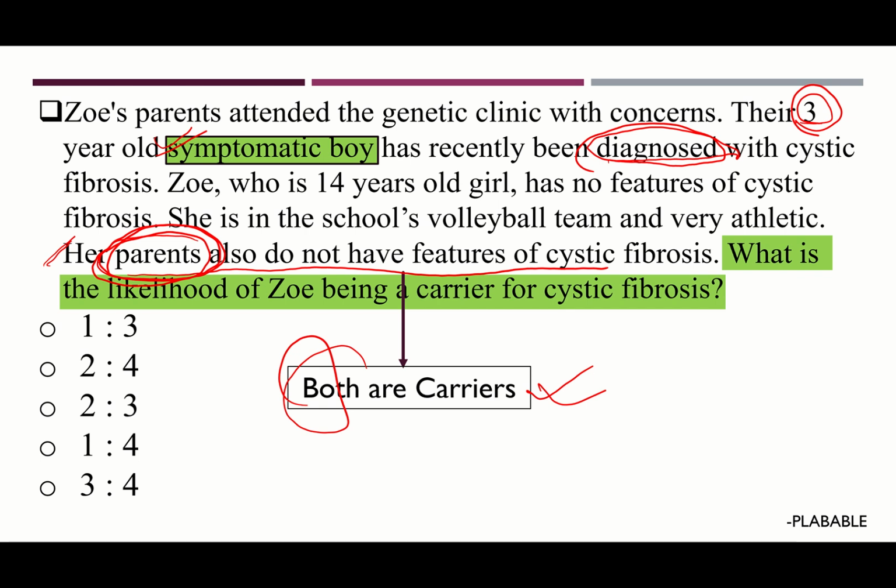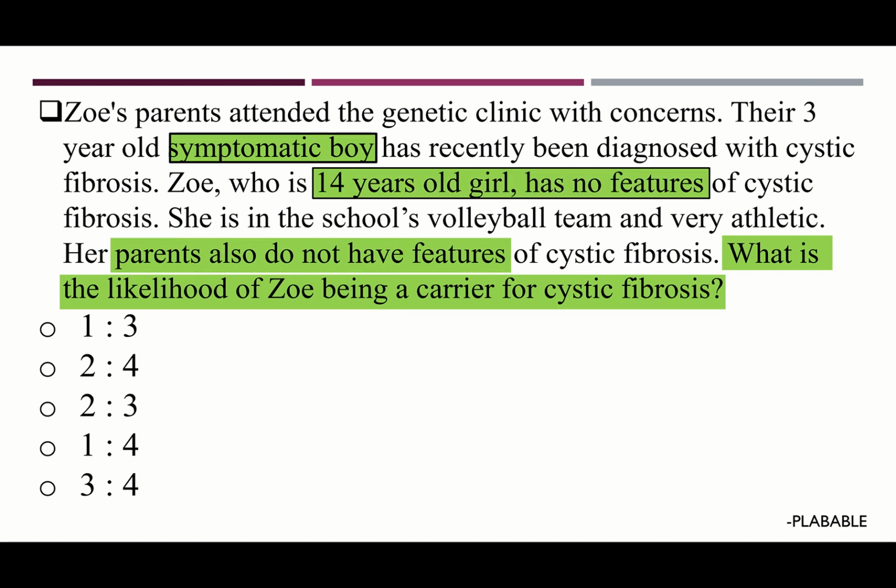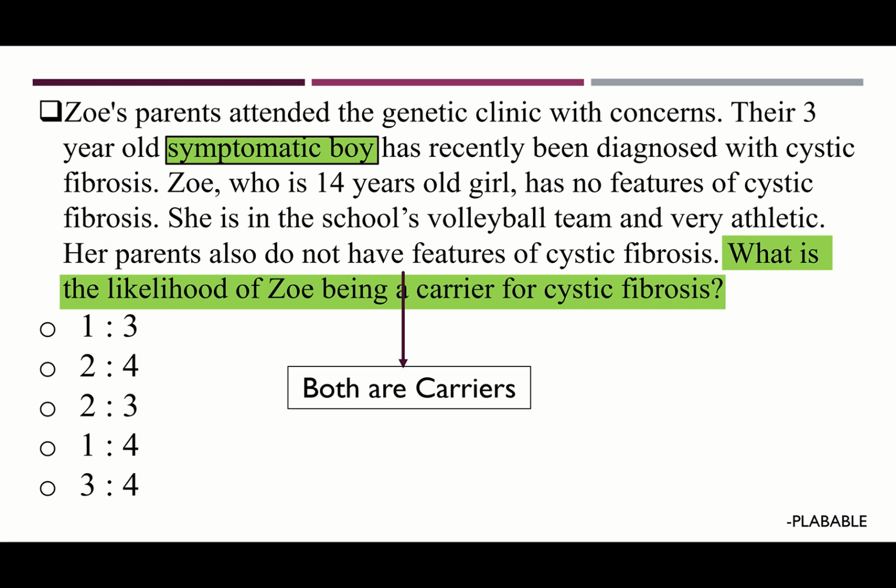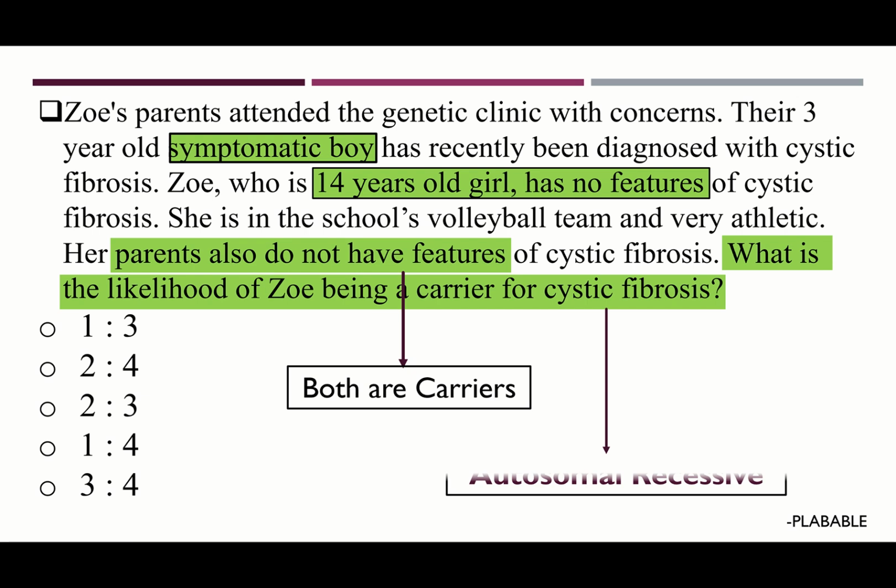Zoe, who is a 14-year-old girl, has no features of cystic fibrosis. Now this line here changes the whole fate of this question. You will see how. This next line is irrelevant, not needed. So the clues we first got were both parents are carriers in an autosomal recessive condition.